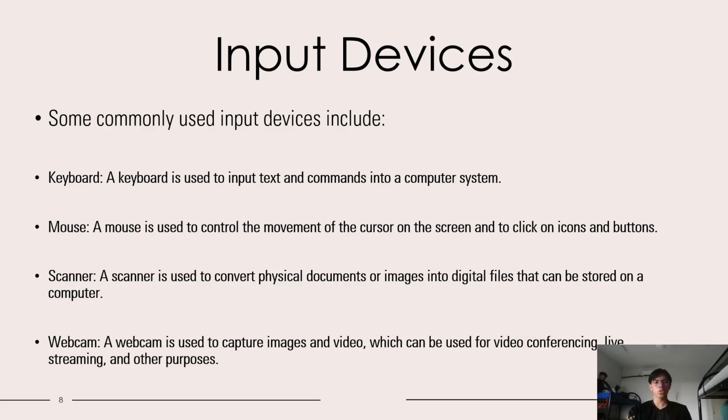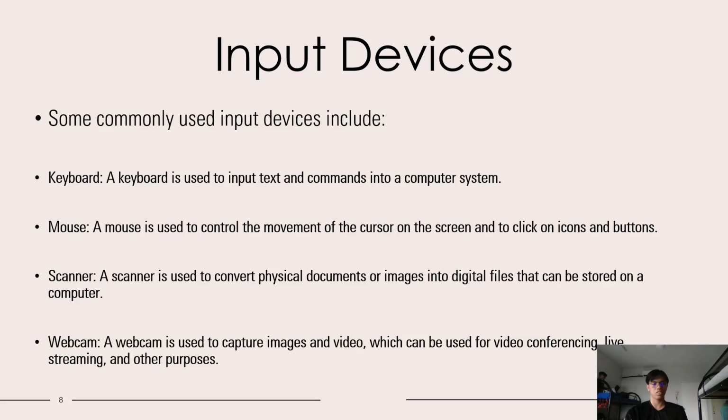A mouse is used to control the movement of the cursor on the screen and to click on icons and buttons. A scanner is used to convert physical documents or images into digital files that can be stored on a computer. A webcam is used to capture images and video, which can be used for video conferencing, live streaming, and other purposes.